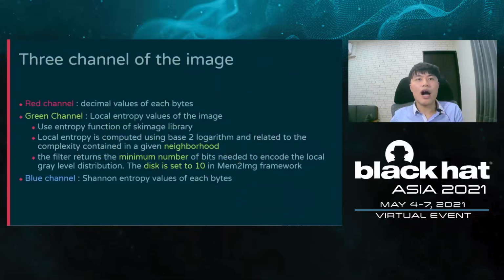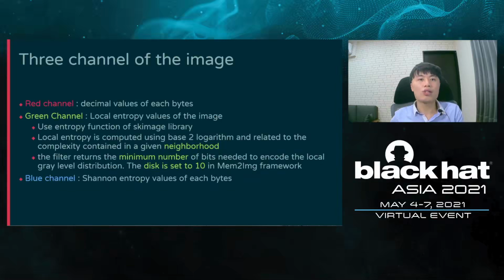We construct an RGB image to represent a malware memory block. The red channel is the decimal value of each byte, which can also be seen as the grayscale image from that slide. The green channel is composed of local entropy values of the image. We use the entropy function from the image library to compute the value.